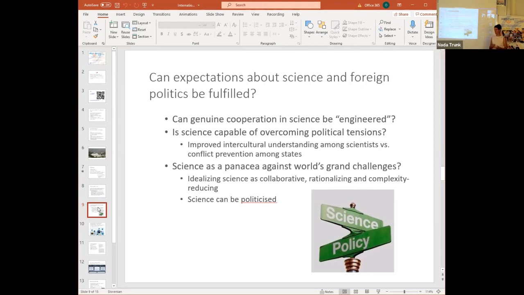And often science can't be solving and can't be thought of as the single silver bullet that will solve these issues. And yes, in this thinking of science diplomacy, science can sometimes be used as a political tool when it shouldn't be, because it's quite free from it in the very idea of it.